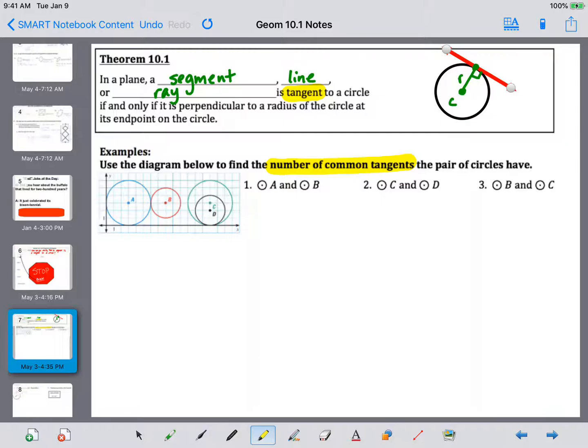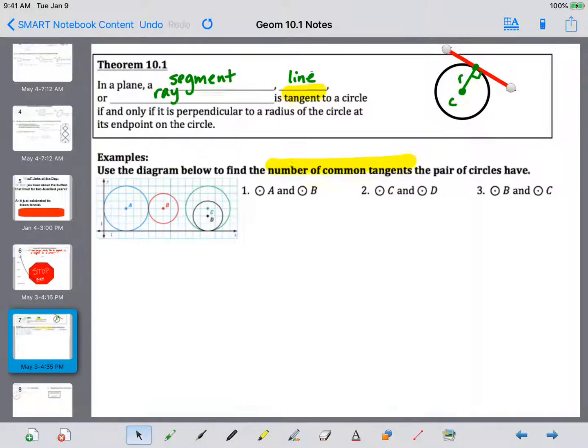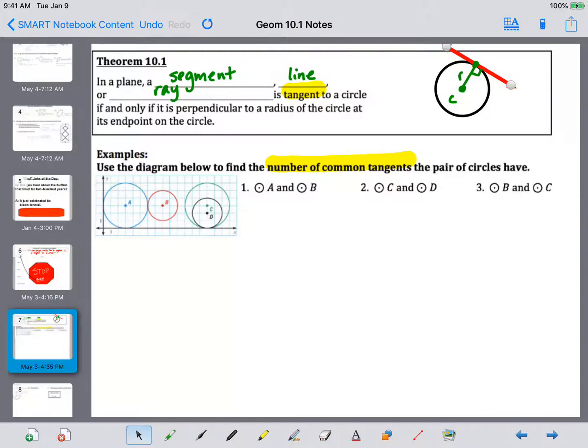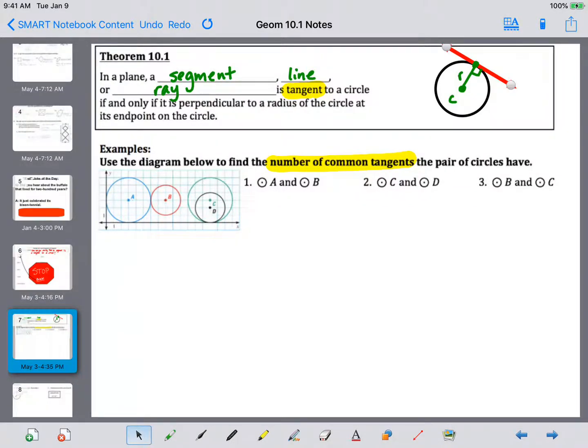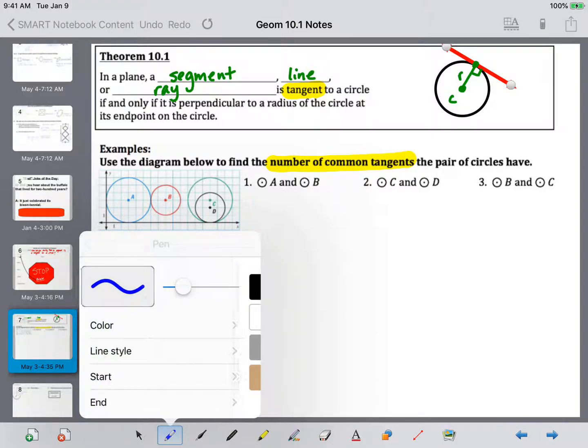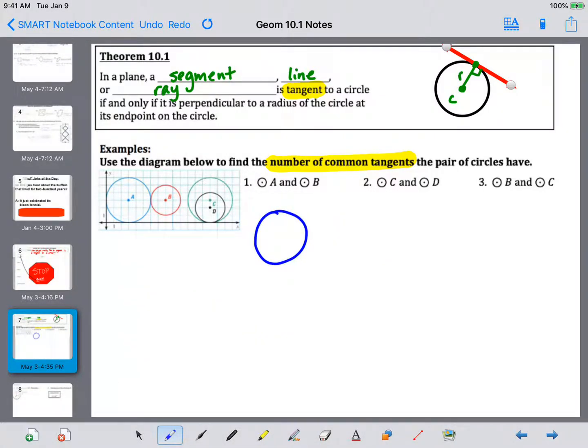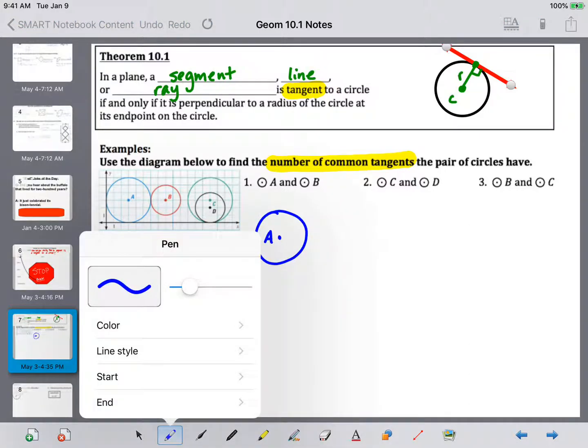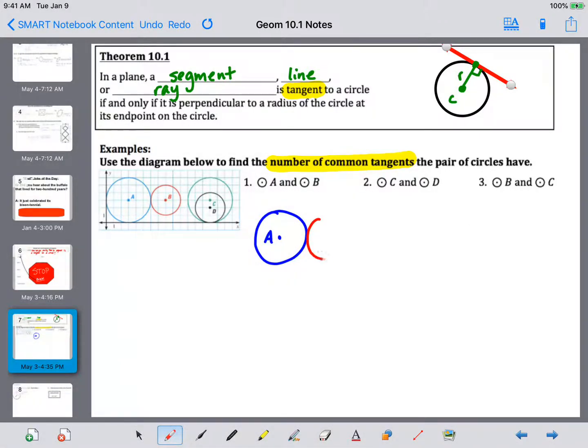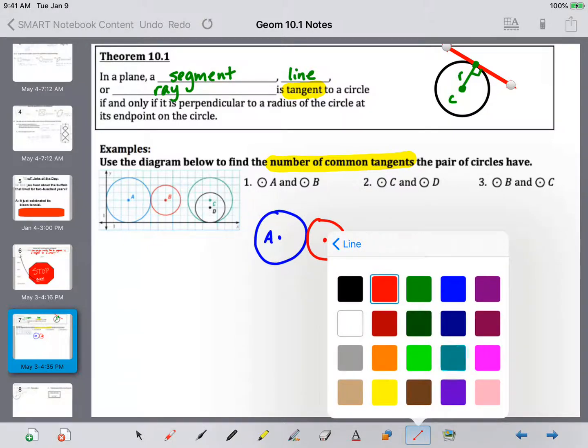If we look at circles A and B, I'm just going to draw those two circles separately. So we got circle A right here, and then we've got circle B right here, a little bit smaller. And we're going to figure out how many lines we can draw that are tangent to both of those at the same time.